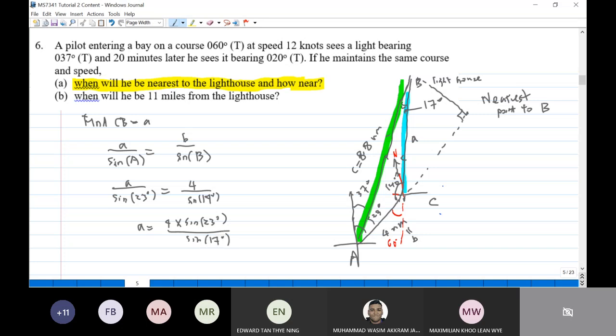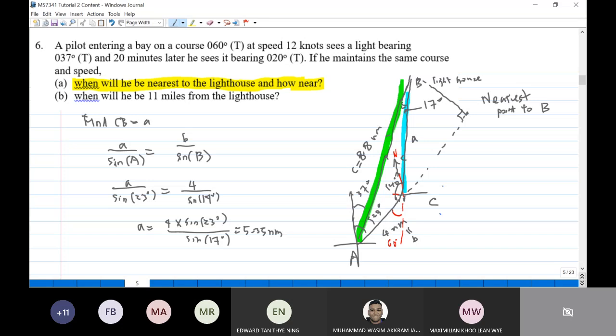So you press the calculator to find out what this is. 4 times sine 23 degree divided by sine 17 degree. Okay, it's 5.35.